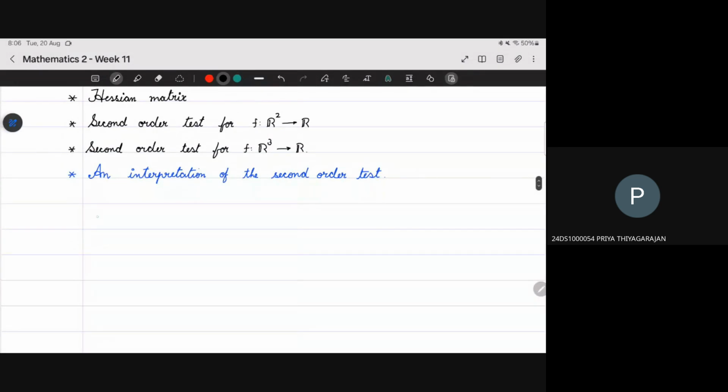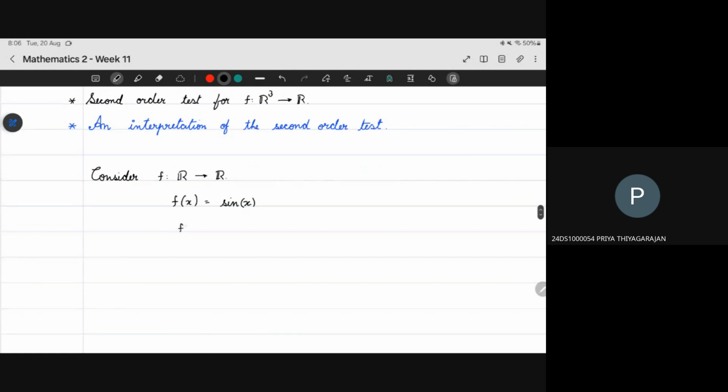If you have a one-dimensional function, let us say f from R to R, given by f of x equals, let's say, sine x. Very simple function, very nice.